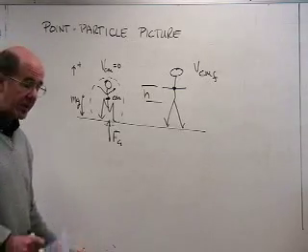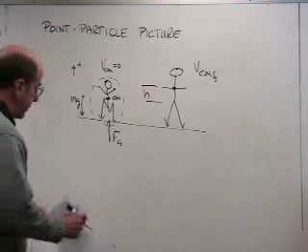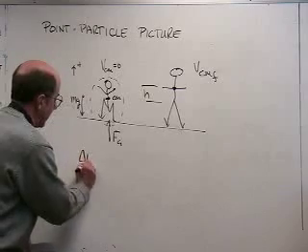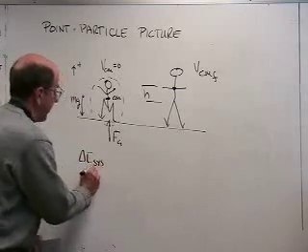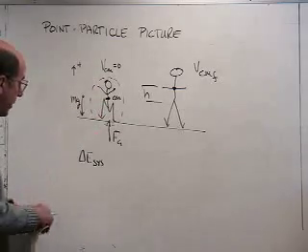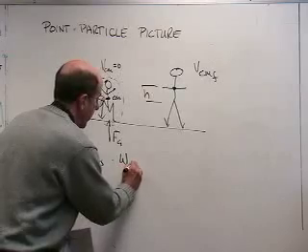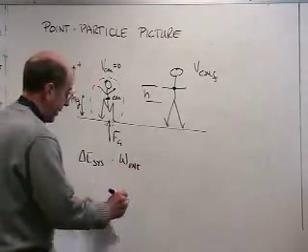Looking at this as an entire system, we would say that the change in the energy of the system, that is this person who's not only jumping up but flailing around and increasing in temperature, is equal to the work done by all external forces.